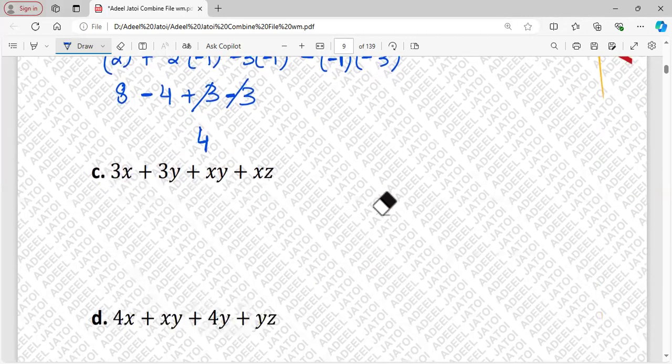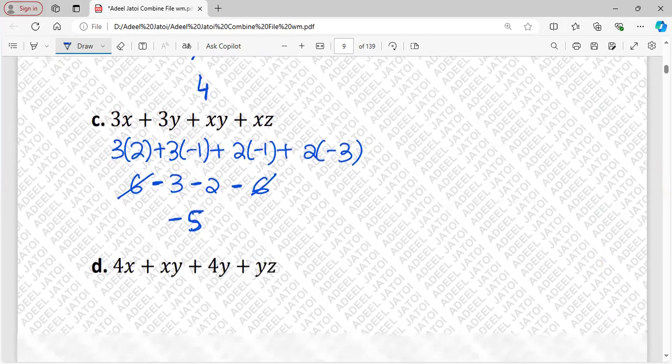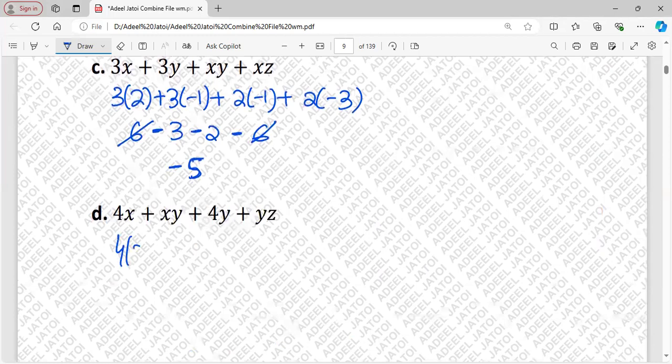Part C, 3 multiplied by 2 plus 3 minus 1 plus 2 minus 1 plus 2 minus 3. These will be the values. 3 twos is 6, minus 3 minus 2 minus 6. 6 and -6 is cancelled. Minus minus plus, but the sign will be negative. So -5 will be the answer for part C. Part D, 4 multiplied by 2 plus 2 multiplied by -1 plus 4 minus 1, right?